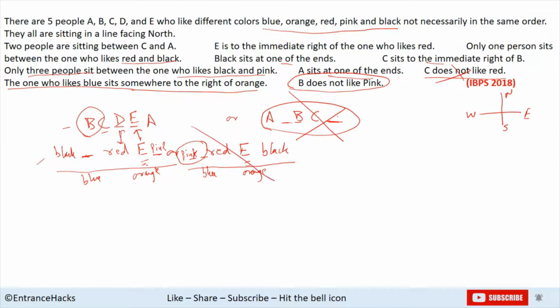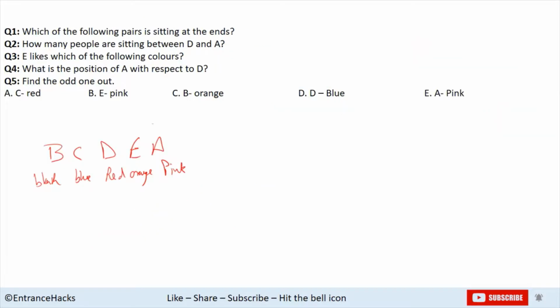So we eliminate this option also, and we are left with B, C, D, E, A and their respective colors: black, blue, red, orange and pink. So all 5 questions can be solved with this solution.